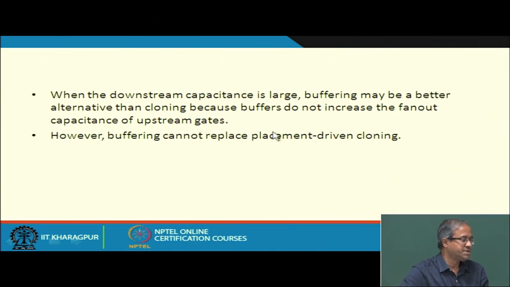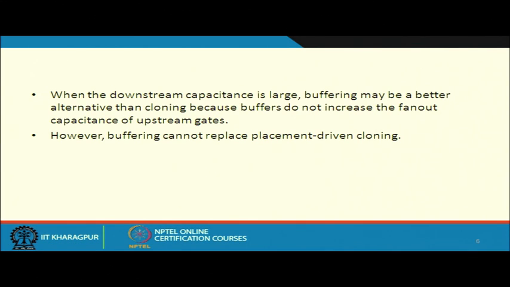But of course, placement driven cloning is a very powerful concept. As we said, if there are some fan out targets located somewhere else on the chip, then a clone of the driving gate can be placed closer to them. This is the so called placement driven cloning.